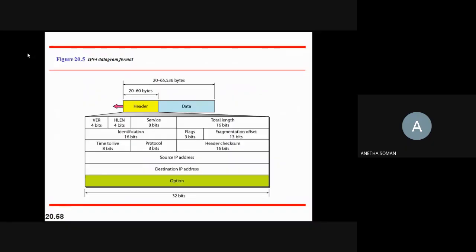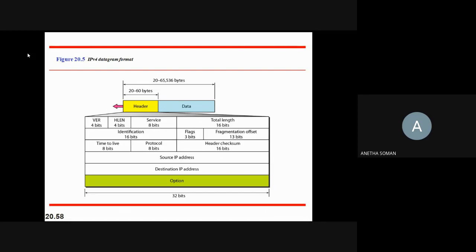Now, the next field is the total length, including the header. So what is the total length of the datagram or the packet, including the header? That whole length is represented in that field. The next fields in the second row, identification, flags and fragmentation offset, are all used in the fragmentation function.